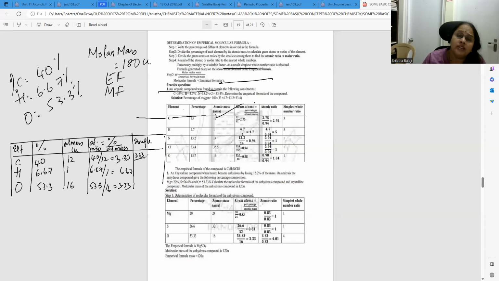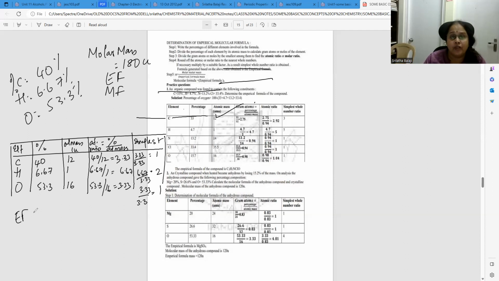So divide 3.33 by 3.33, 6.67 by 3.33, and the last is again 3.33 by 3.33. What is the value you get? 1 to 2 to 1. So what is the simplest ratio of carbon, hydrogen, oxygen? 1 is to 2 is to 1.